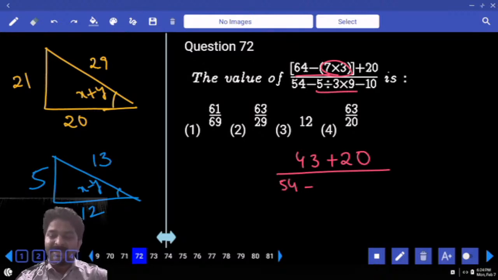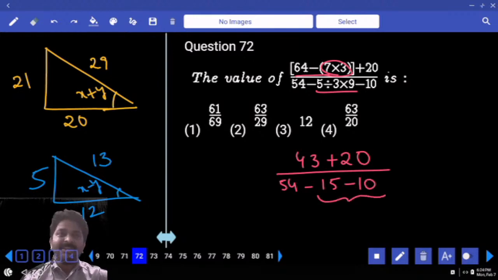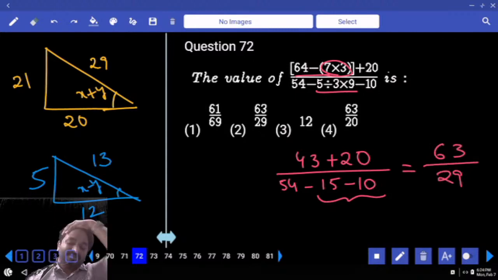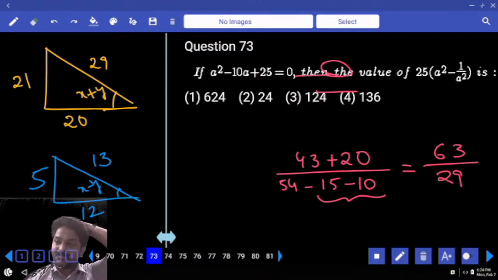That is 45 by 3, which is 15 minus 10. So we have to subtract 25 from 54. How much is that? 29. Numerator 63. 63 by 29. Second option.